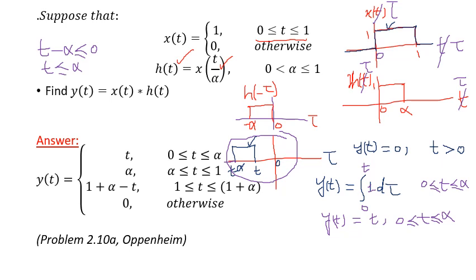Okay, so the next interval will be when t minus alpha is greater than 0. At that point we have full overlap, because this signal is fully overlapped with this one, right?